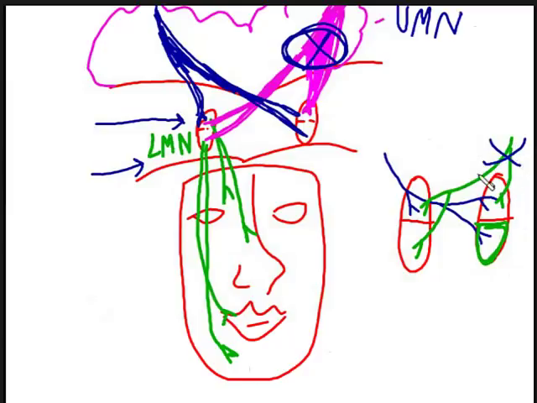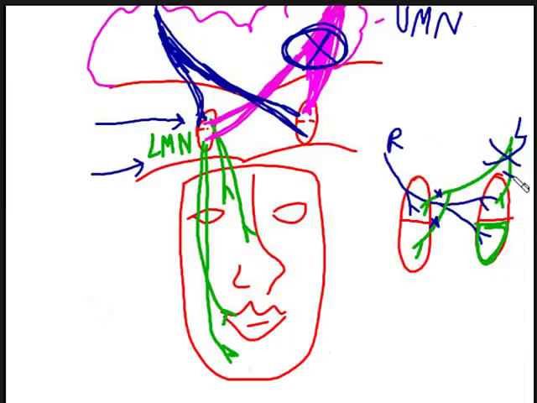Let's say this was the left side and this is the right side. There will be no impulses relayed from this one to the upper half on the left side. There will be no impulses relayed to the upper and the lower half on the right side. So this will go, this will go, and this will go, right?